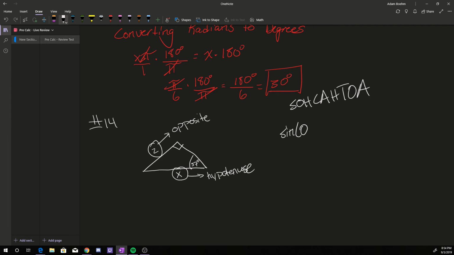So the sine of an angle is always equal to the opposite over the hypotenuse. In this case our angle is 57 degrees. Our opposite side is 2 and our hypotenuse is x.